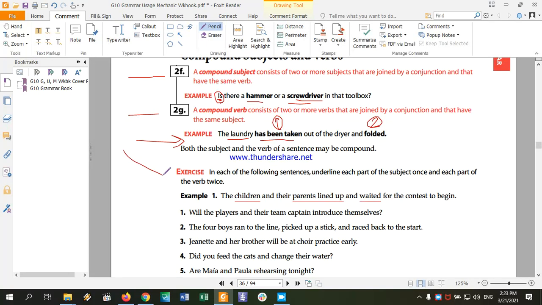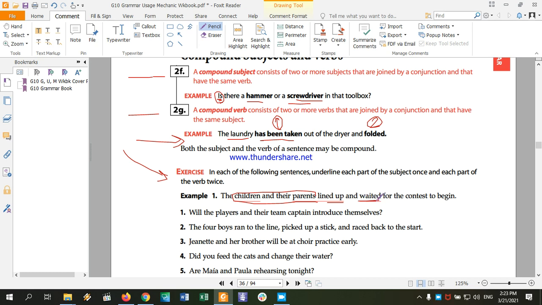Let's take a look at some of the exercises. In each of the following sentences, underline each part of the subject once and each part of the verb twice. We're going to underline the subject once and the verb twice. The children and their parents, so this is the compound subject, children and parents, lined up and waited.